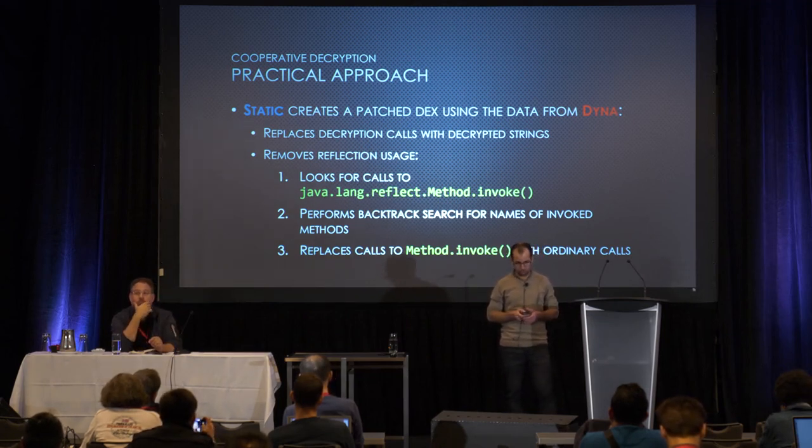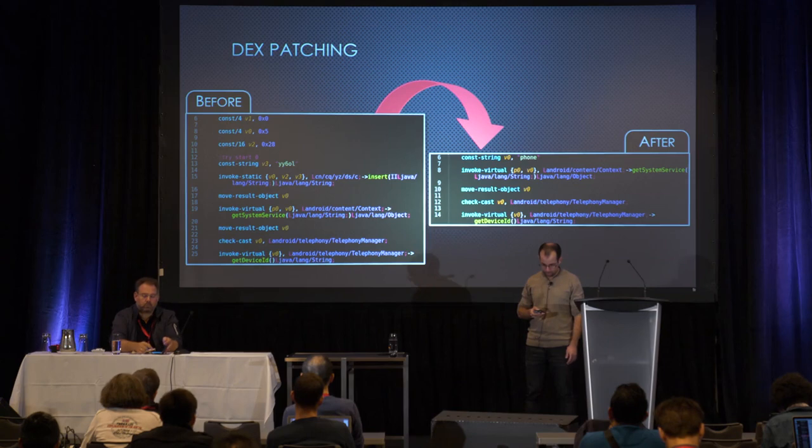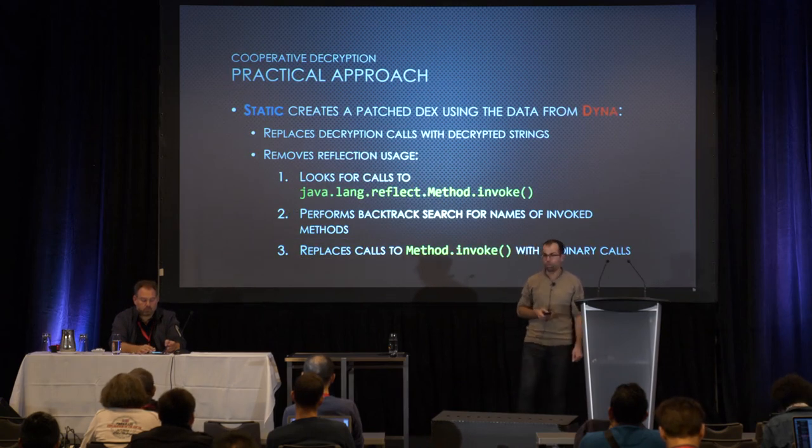So we will look for calls to the method invoke API and perform a backtrack search to find the names of the invoked classes and methods. By now these names have already been decrypted, so it's okay. Then we just replace calls to method invoke with ordinary function calls.